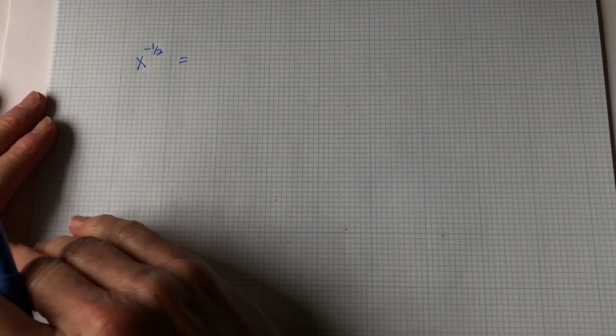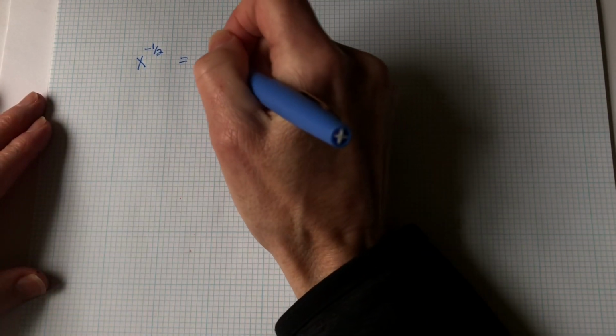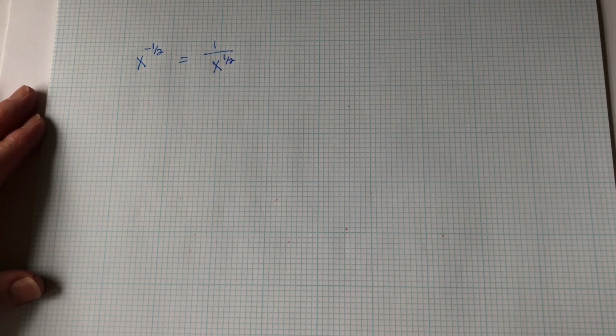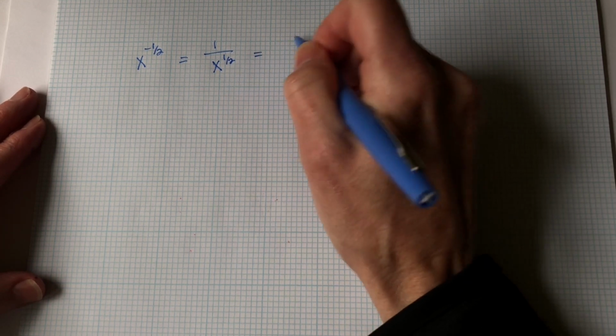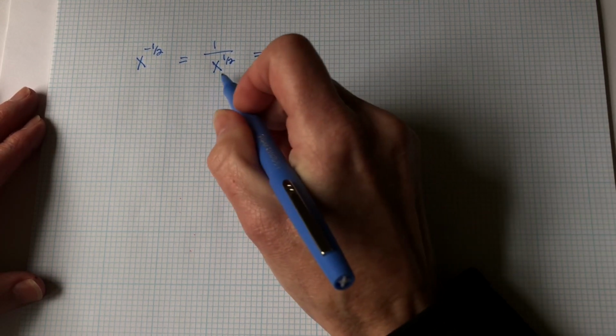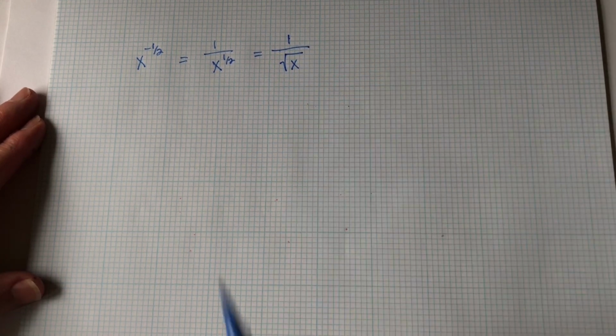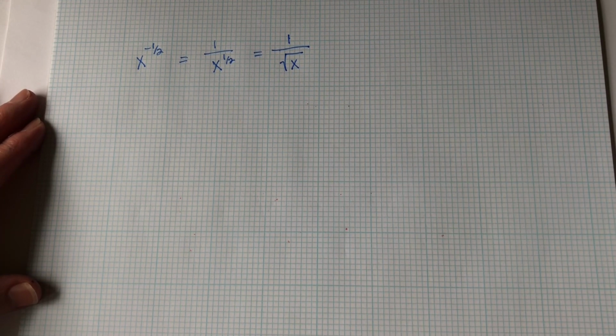The first one is we're going to get rid of that negative sign by rewriting this as 1 over x to the 1/2 power. And then we're going to rewrite the denominator. So instead of x to the 1/2, we can rewrite that as the square root of x. So our final expression is 1 over the square root of x.